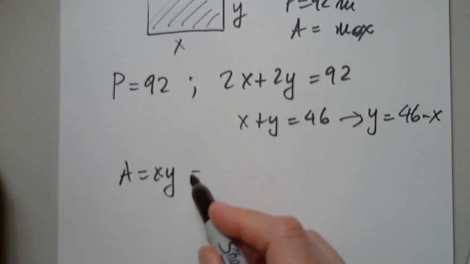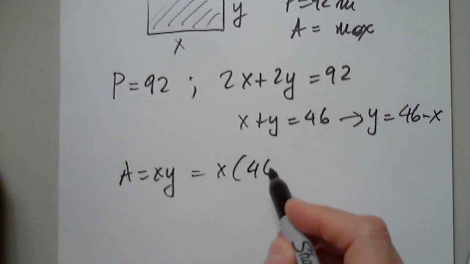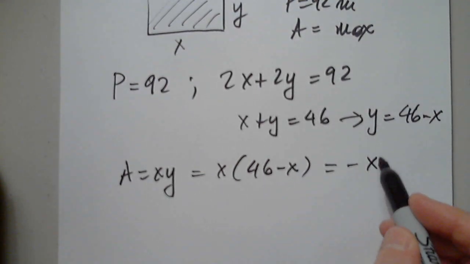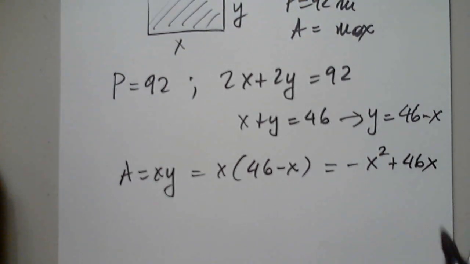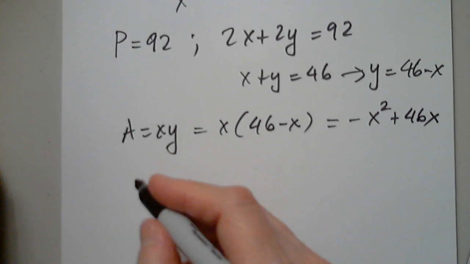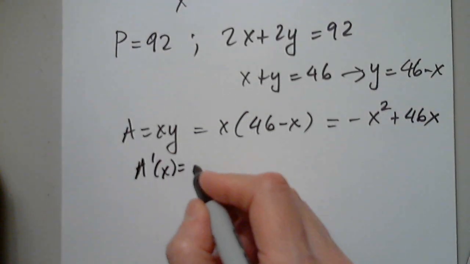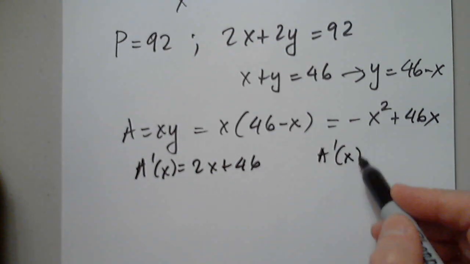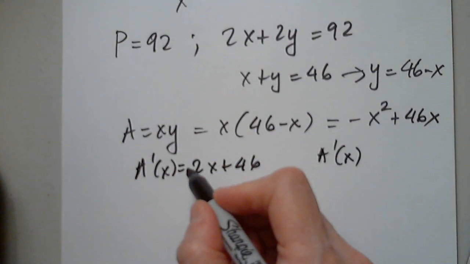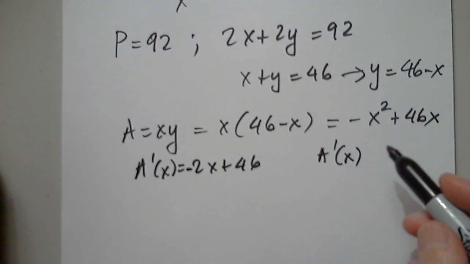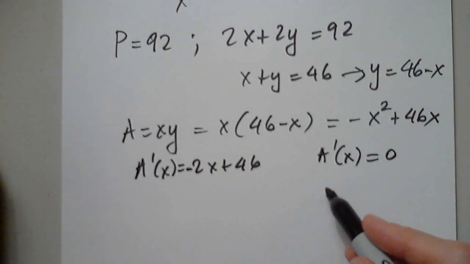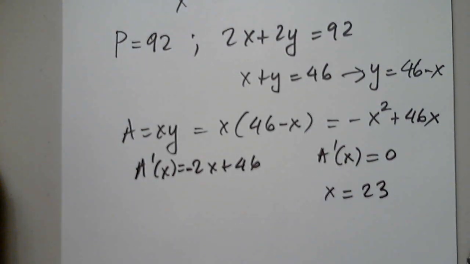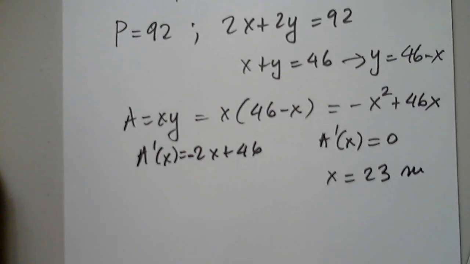Put it here. So x times 46 minus x, negative x squared plus 46x. A prime of x, negative 2x plus 46. A prime of x equals 0 means x equals 23 meters.